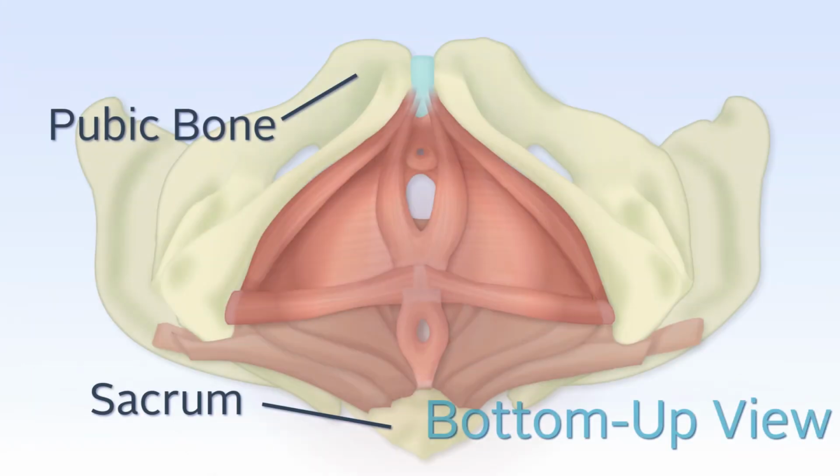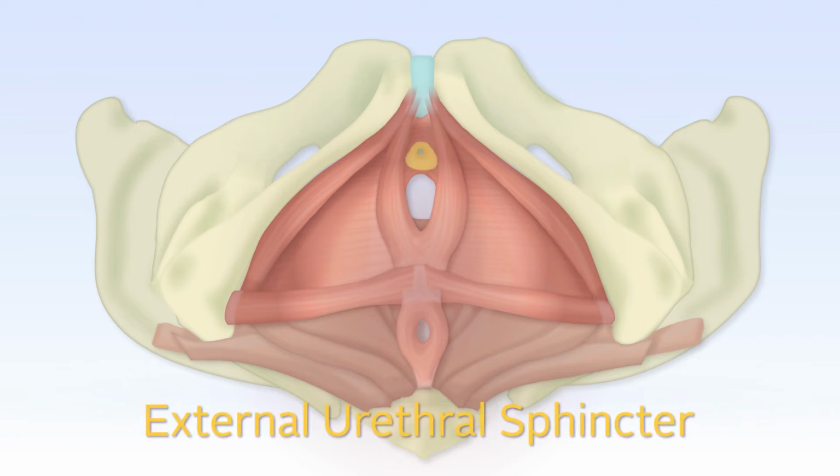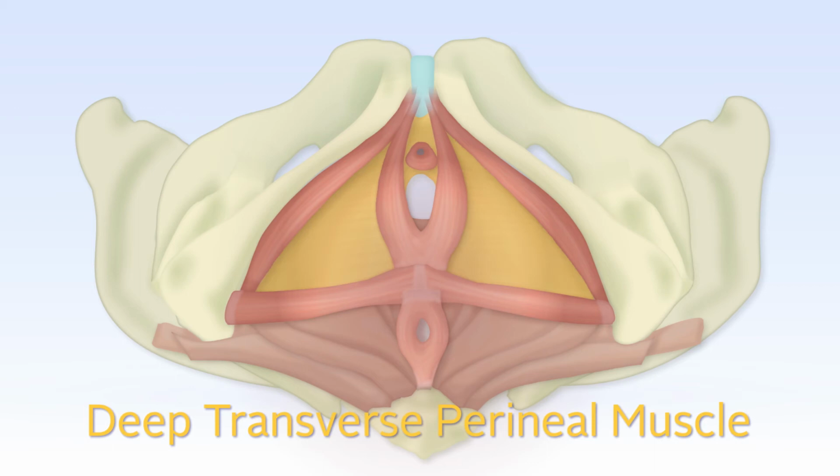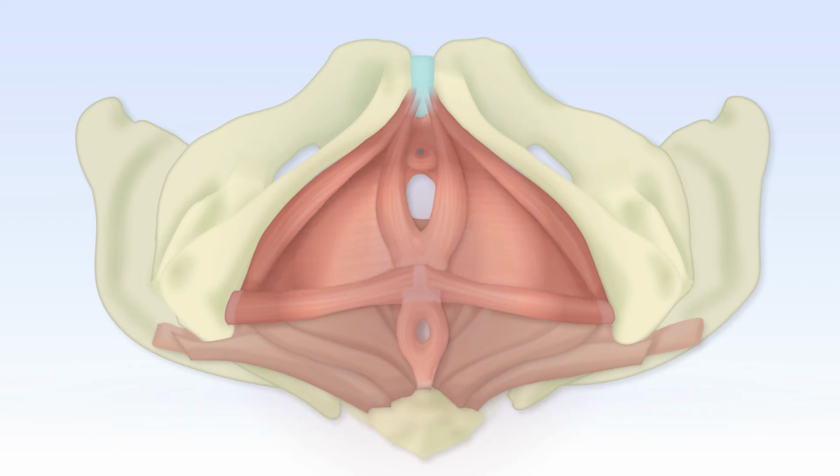In this picture, the pubic bone is at the top and the sacrum at the bottom. Now we'll look at the urogenital diaphragm. You can see that the urethra, vagina, and anal canal are passing through the pelvic floor muscles. The middle layer consists of the external urethral sphincter, contributing to urethral closure, and the deep transverse perineal muscle, stabilizing the perineum.